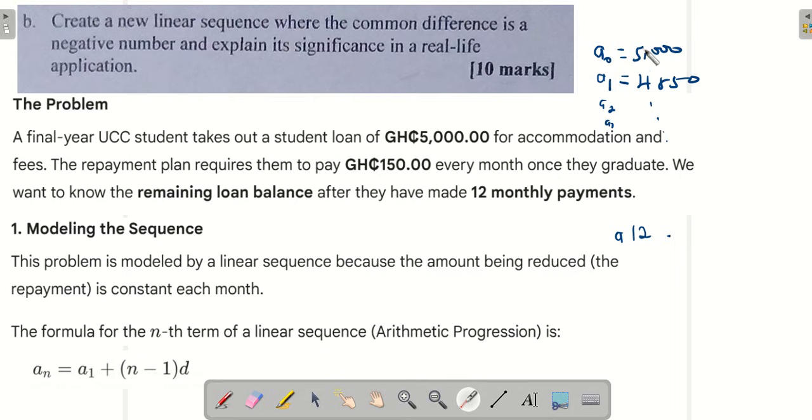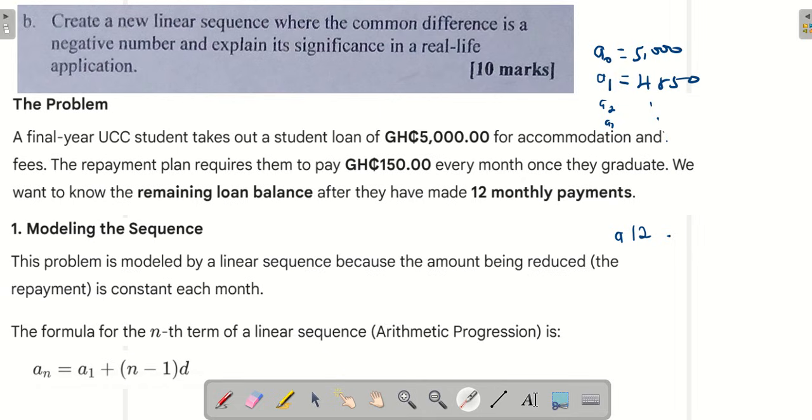However, you can still start with the 5,000 as your A1. But if you do that, then it means that we are going to call A1 the amount at the beginning of the first year. So if this is the amount at the beginning of the first year, then the amount at the end of the first year becomes A2.